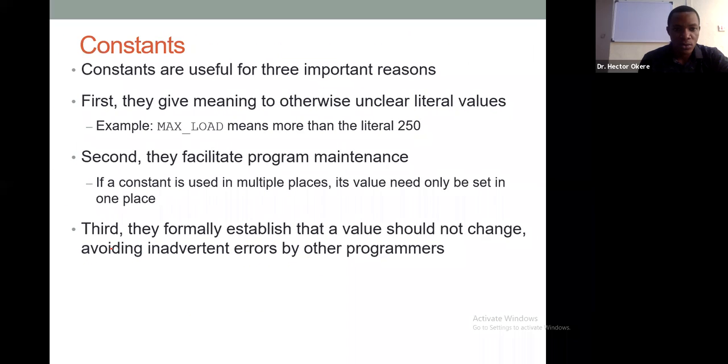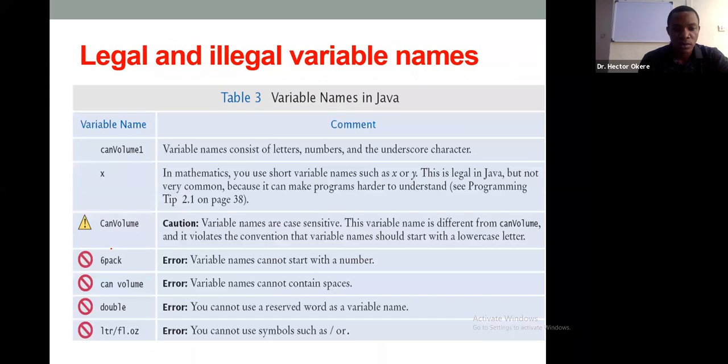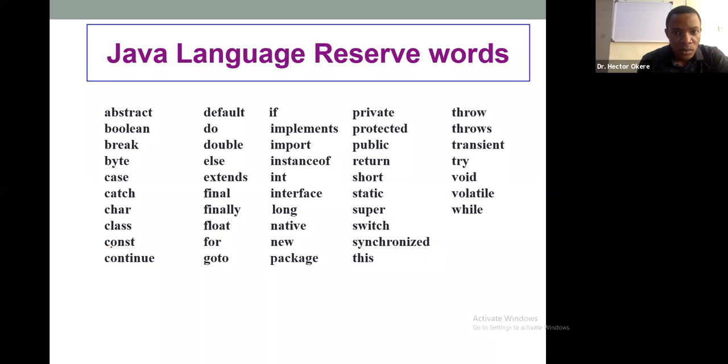So let's go back to the variable. Remember, reserved words, okay? All those words that you see, they are reserved words. You see our double is there. Our long is there, our short, float. These are all reserved words.